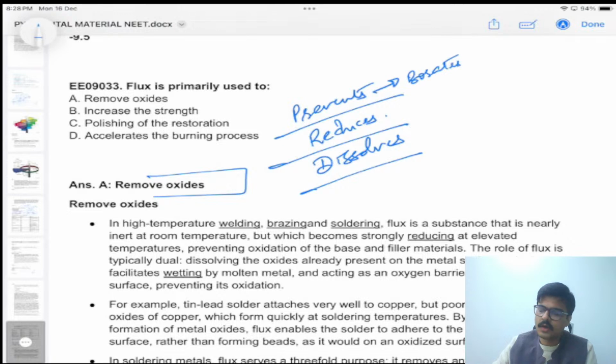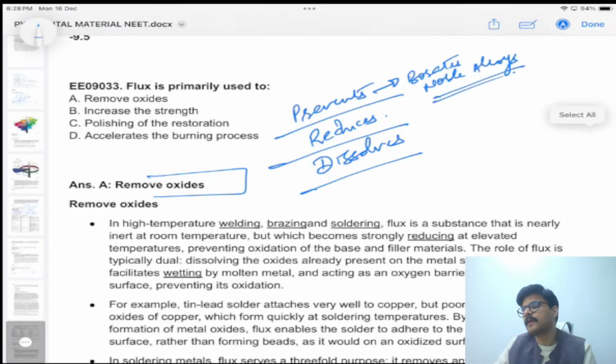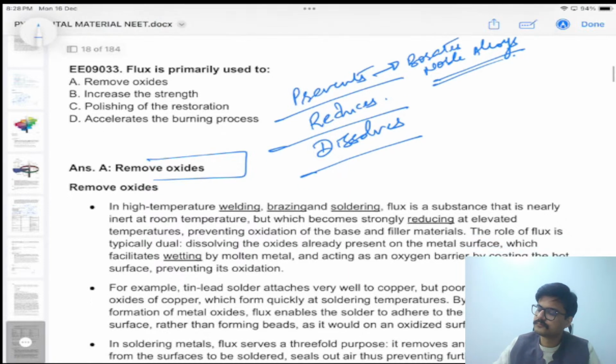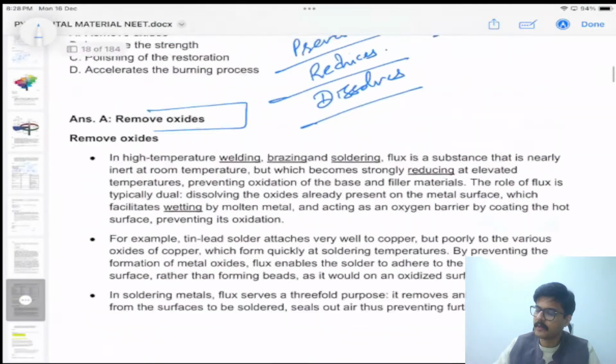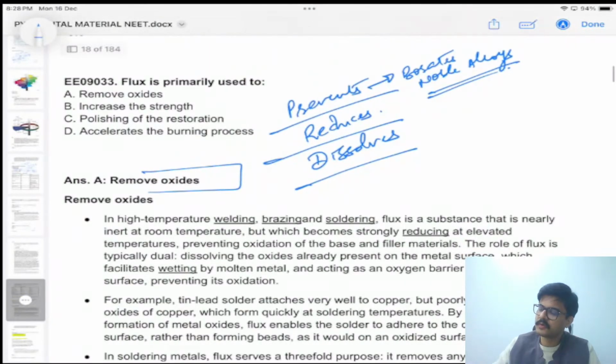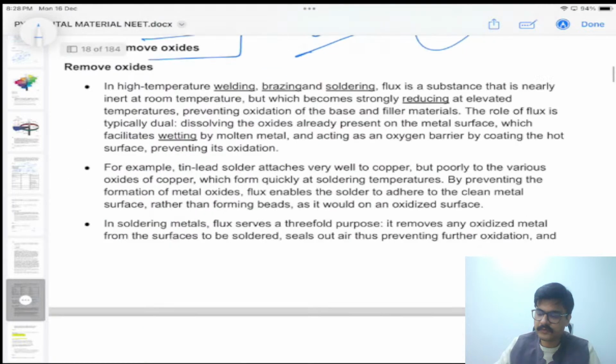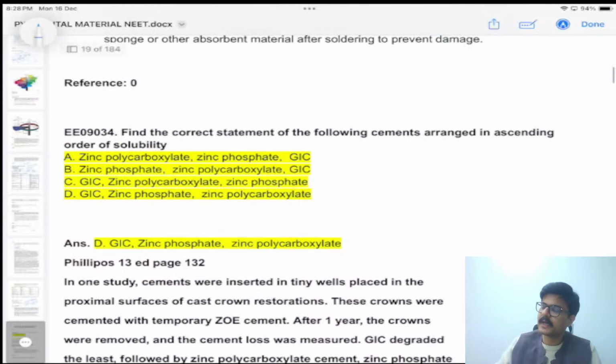Used for gold-based noble alloys, right? And the flux which dissolves is fluorides, fluoride flux. These are the two most common MCQs, right? These are for base metal alloys, right? So remember this also.